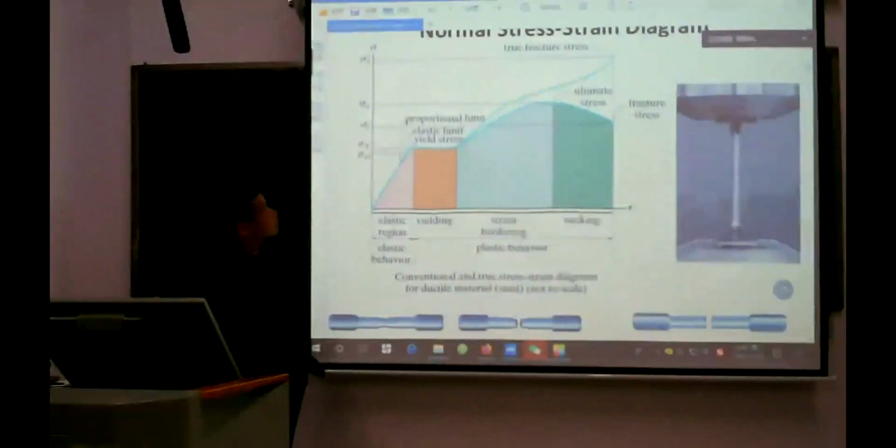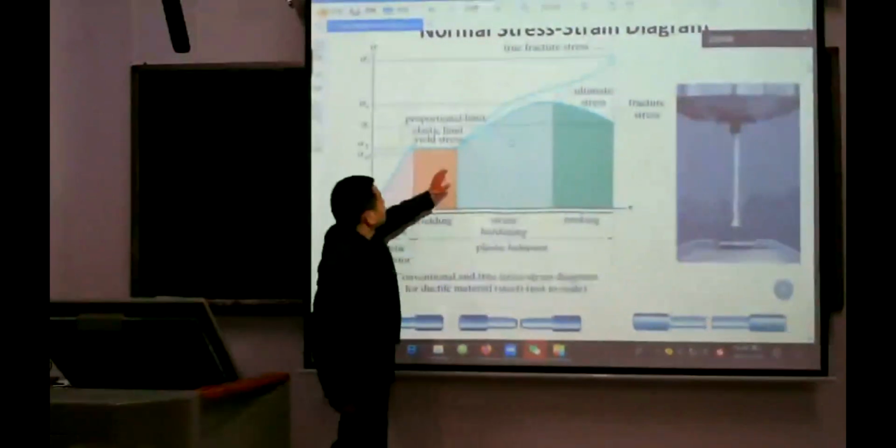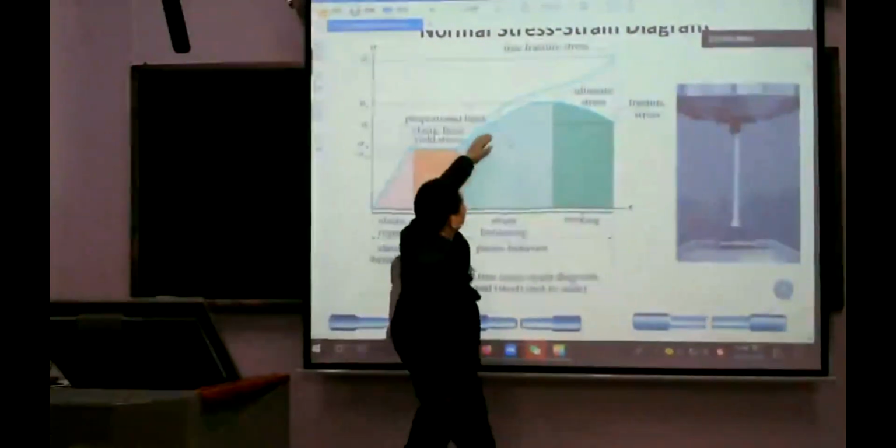Elastic limit. We call this stress the yield stress. After the stress is more than the yield stress, the line goes up.